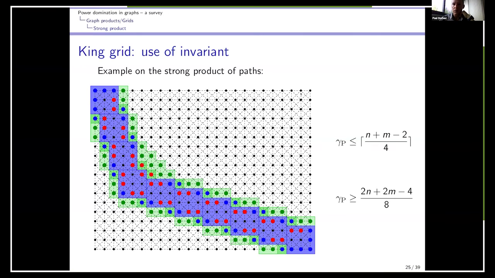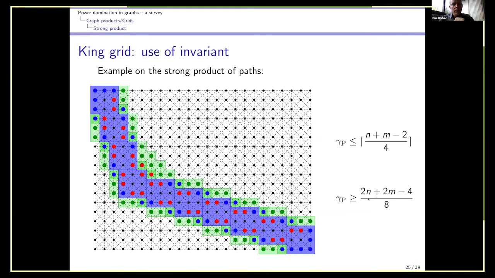So eventually, these big vertices become the whole perimeter of the grid, if you manage to do it. And this set did not increase during the process. At the end, it contains all the vertices of the border, so 2n plus 2m minus 4, because each corner is counted twice.